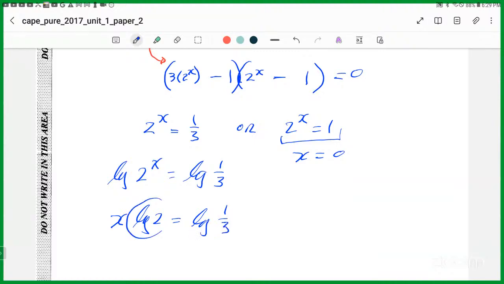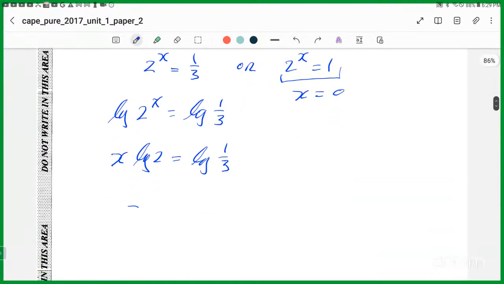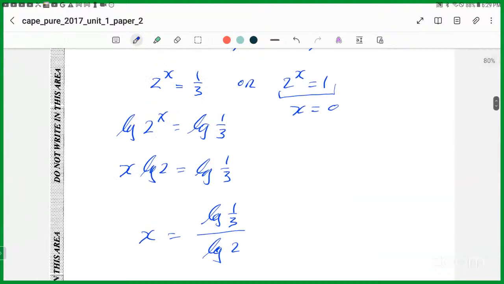You divide by the log of 2, and the x becomes the log of a third divided by the log of 2. Those are your two answers.